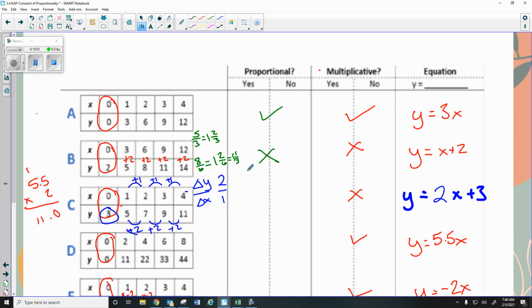So if it's additive, it is not proportional. If it's two-step, if I put 5/1, that's 5. If I put 7/2, not quite, that would be 3.5. So again, not proportional, not multiplicative. Multiplicative, yes. Multiplicative, yes.